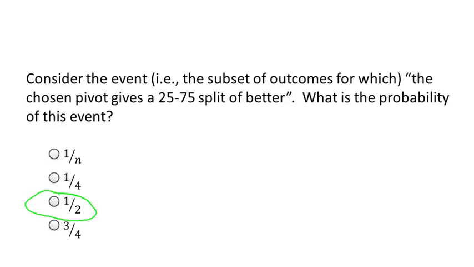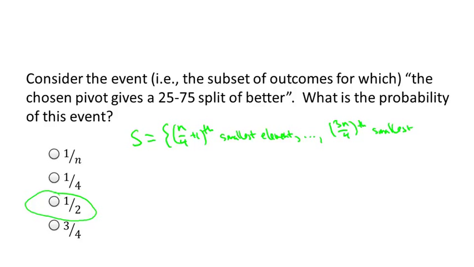More generally, any pivot from the middle 50% of the quantiles is going to give us the desired split. So we do badly if we get something within the first quarter, we do badly if we get something within the last quarter. Anything in the middle works. So more formally, we can say that the event S that we're analyzing is, among the possible pivot choices, we're interested in the ones that are not in the first quarter and not in the last quarter.